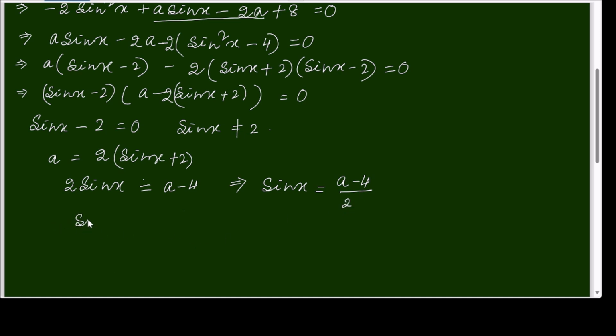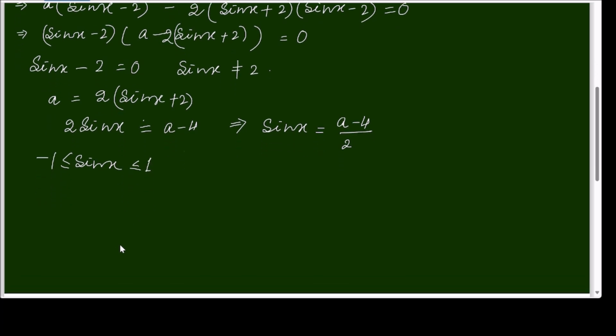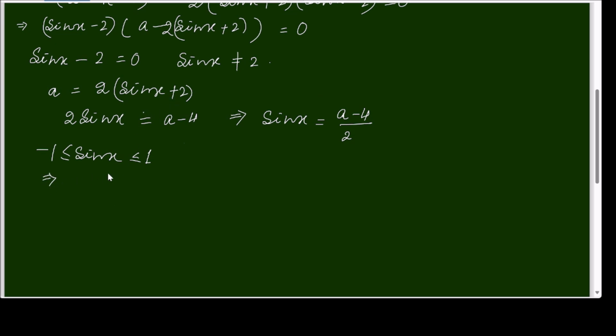You know that the range of sin x is always from minus 1 to plus 1. So (A minus 4) over 2 is greater than or equal to minus 1 and less than or equal to plus 1. This gives us A minus 4 is between minus 2 and 2, or A is greater than or equal to 2 and less than or equal to 6.